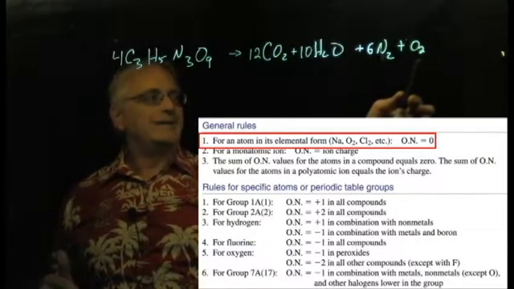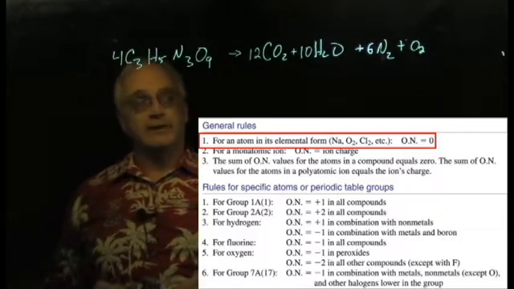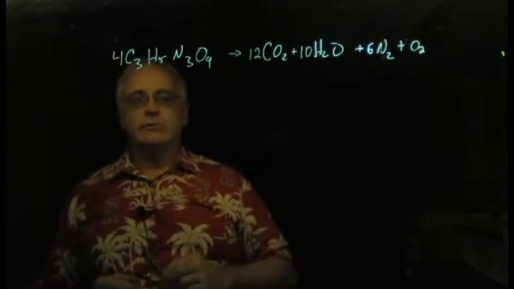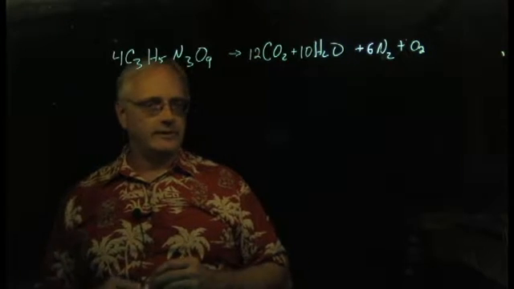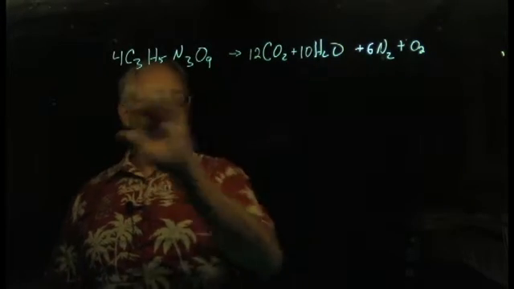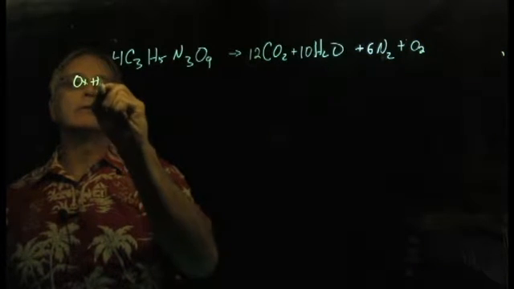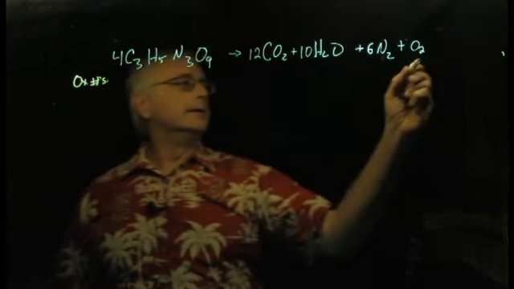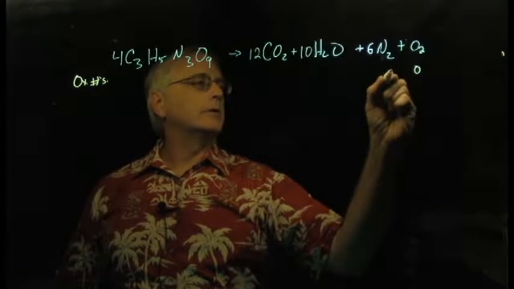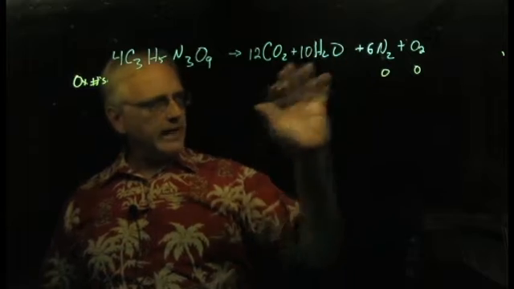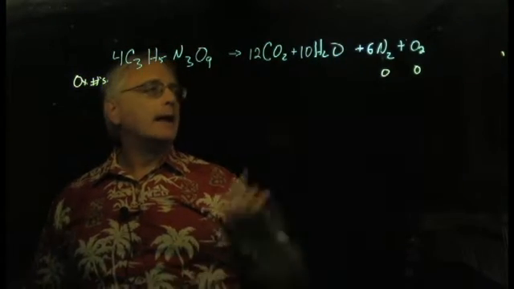That doesn't mean oxygen atoms or nitrogen atoms. It means N2 molecules, the way we find nitrogen in the atmosphere, and O2 molecules, the way we find oxygen in the atmosphere. So I'm going to make a line down here and label it oxidation numbers. They are going to be 0 for O2, 0 for N2. So far, so good. Now we have a chemical compound here.